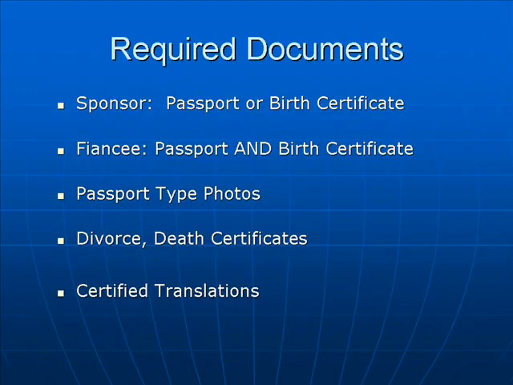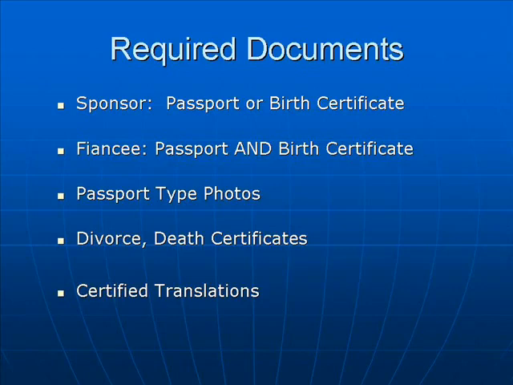Along with the government forms that you fill out and will be sending in, you need to attach some supporting documents. The basic ones that are always required are, first of all, the sponsor must identify himself either by a copy of his passport or birth certificate.